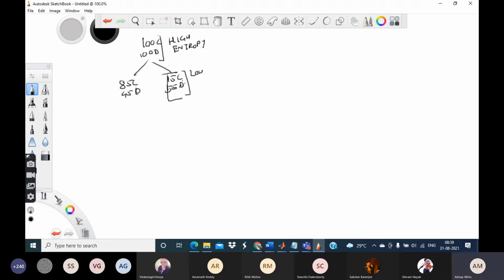But earlier I had one single data set. Now I have got two data sets, that is two subsets. So I may be interested in understanding here that one has got low entropy, this one has got medium entropy.